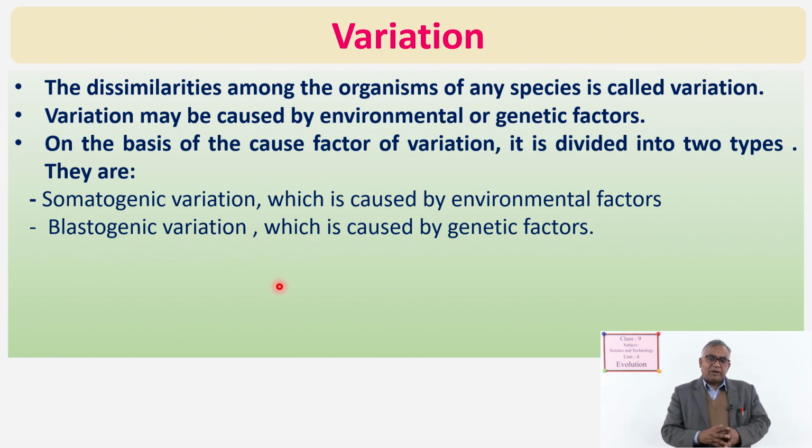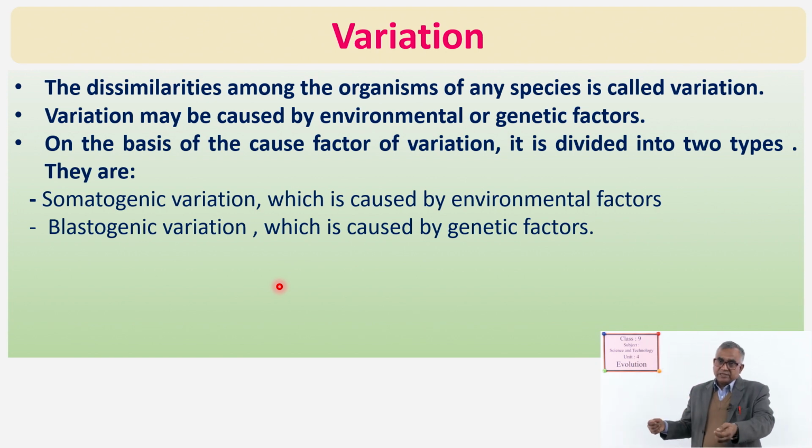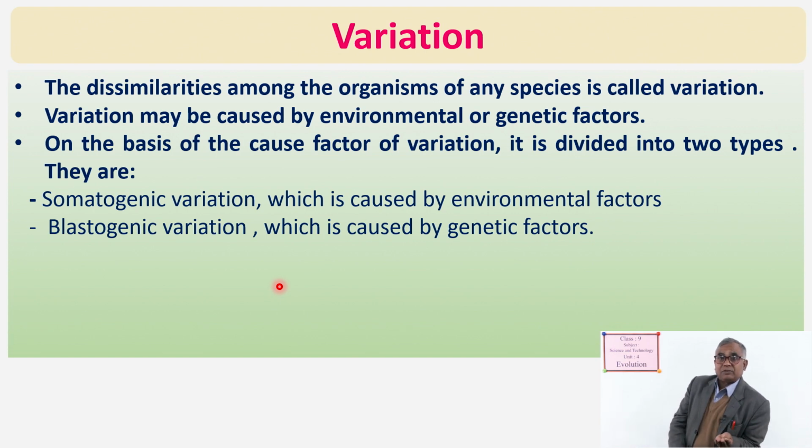For example, for somatogenic variation, consider a farmer putting straw in a machine to make small pieces. We say bhusa, to feed the cattle. We make the straw in small pieces. So in the machine, accidentally, one of his hands was not pulled out, and it also passed with the straw. Such accidents are very common.